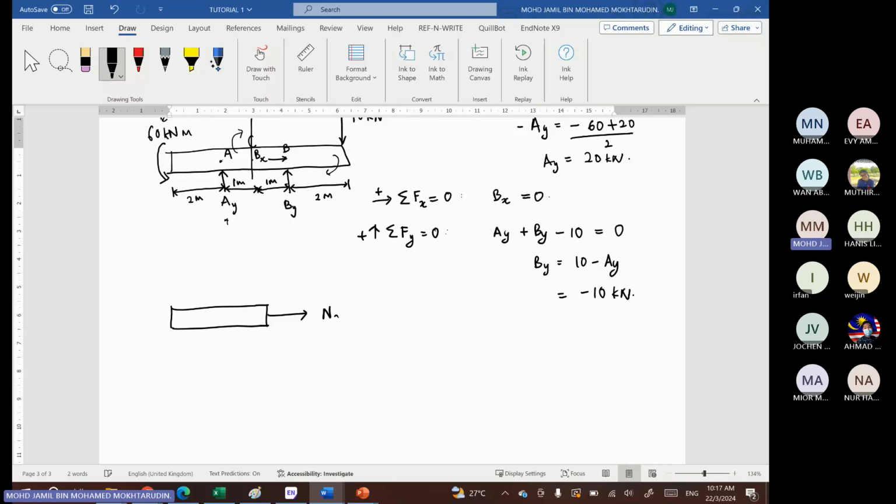So here we have NC, meaning the normal force at point C. And then we have VC going down, or the shear force at point C. And also we have the moment at point C. Okay, we can draw the other points like point A. And also the moment here, 60 kilonewton.